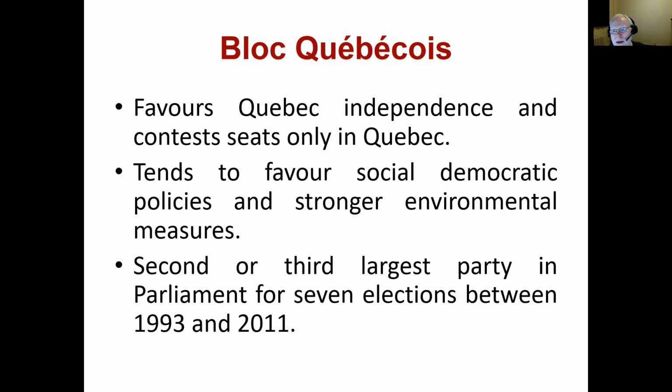Support for the Bloc Québécois will typically vary to a large extent with that support, but also with the importance that the Bloc places on independence, how central it is in their party platform, which will also depend on the appetite within Canada for separation.